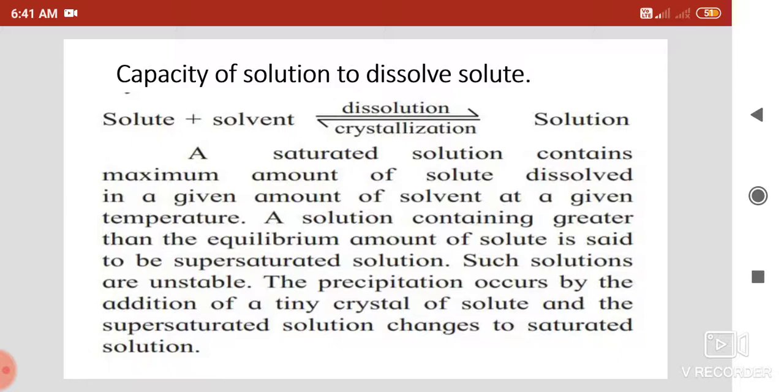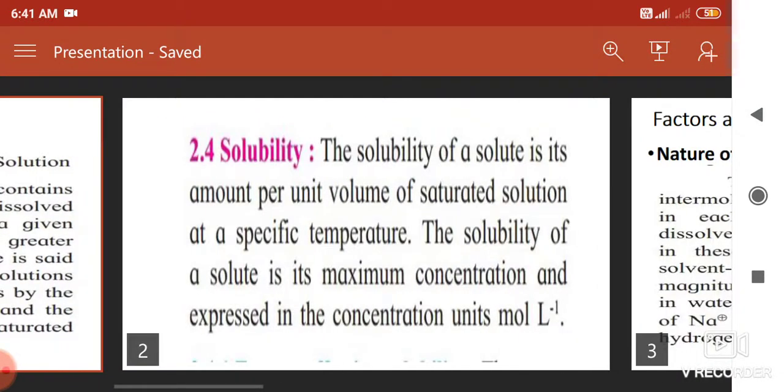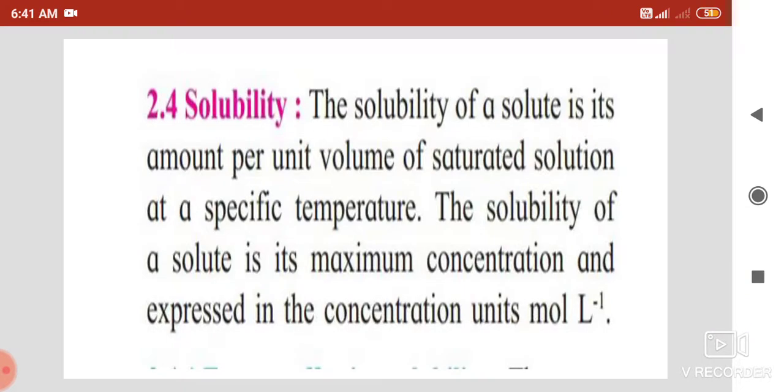After studying supersaturated and saturated solutions, now let us see the definition of solubility. The solubility of a solute is its amount per unit volume of saturated solution at a specific temperature.